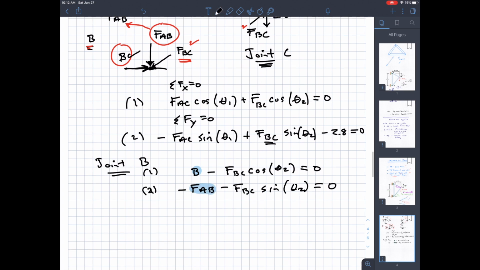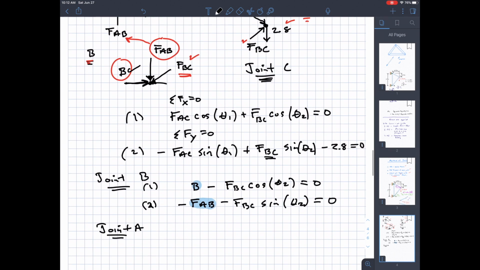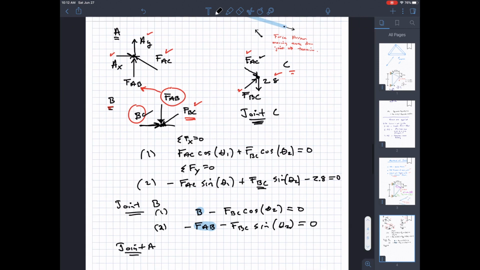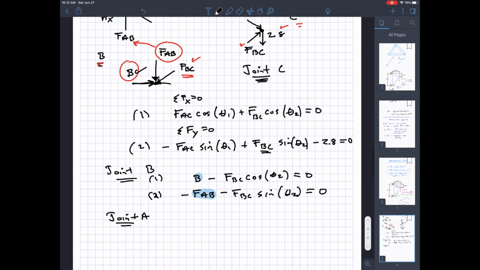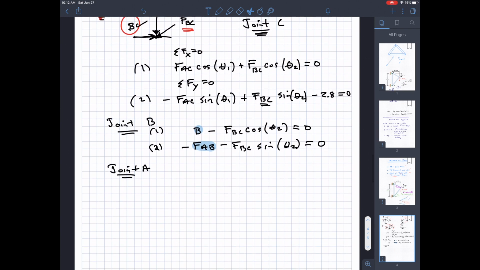All right, and finally, joint A. I look at the free body diagram and I see I can write the equations for joint A. Let me just copy this over and put that right here so we can see it.